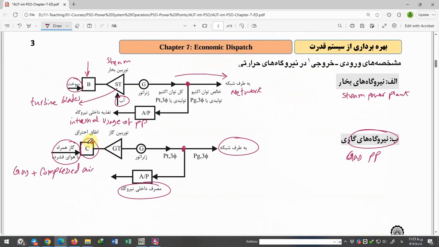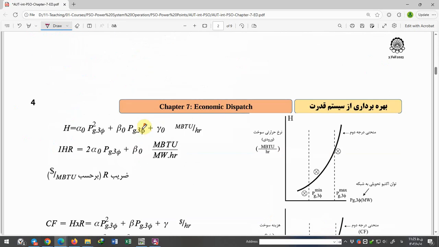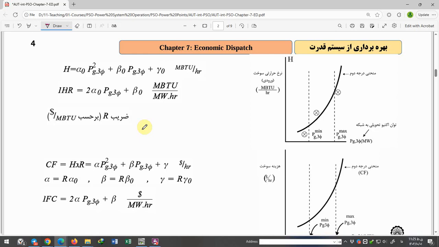And the mechanical construction of power plants gives you a thermal rate of fuel. This is the thermal rate of fuel.